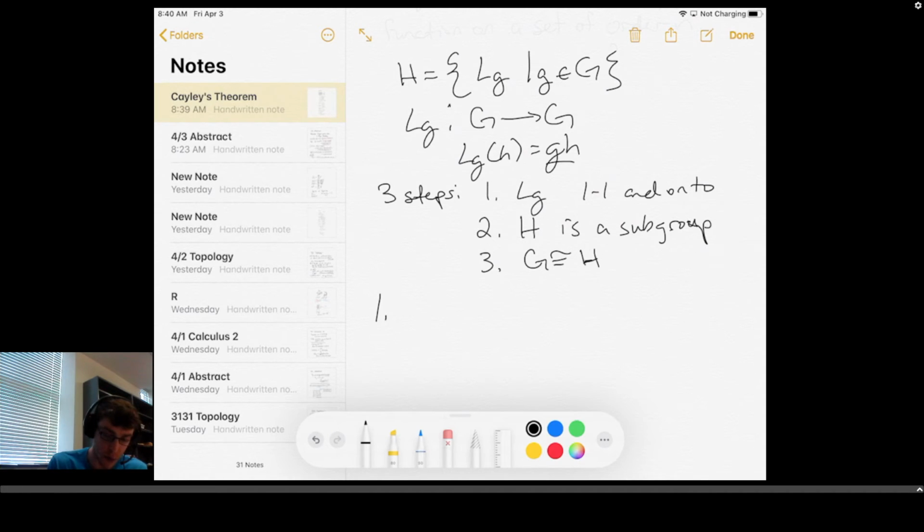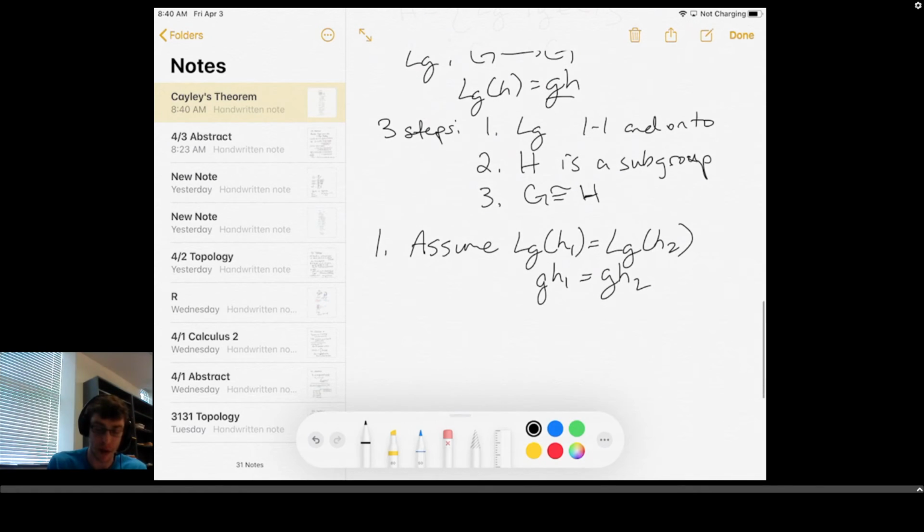So my step one: if I want to show it's one-to-one, assume L_g of, say, h1 is equal to L_g of h2. Well, this means exactly that gh1 is gh2. But we're inside a group, so we can cancel these with g inverse. And so h1 is equal to h2, so it's one-to-one. Cool.